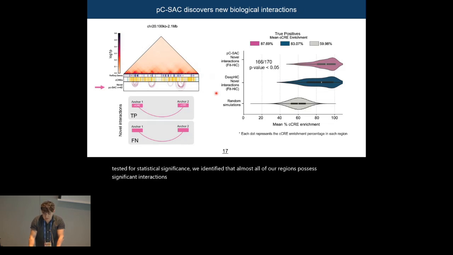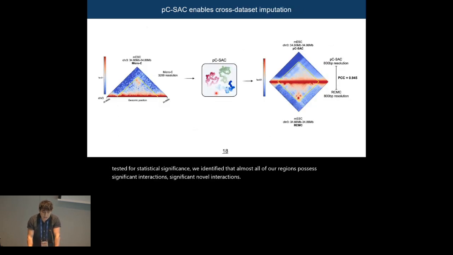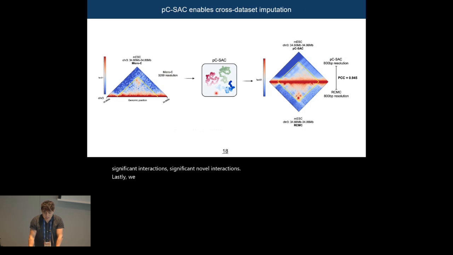Lastly, we also tested the power of pC-SAC, and we wanted to test if pC-SAC could breach different types of methodologies. For this, we used micro-C data as low resolution inputs.